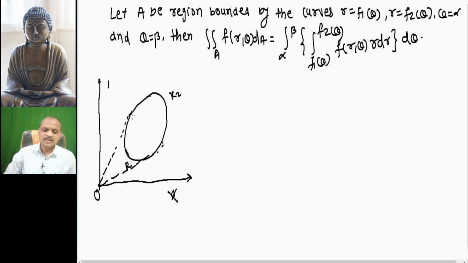So we take these angles and radii, and we divide this area into equal parts like this.